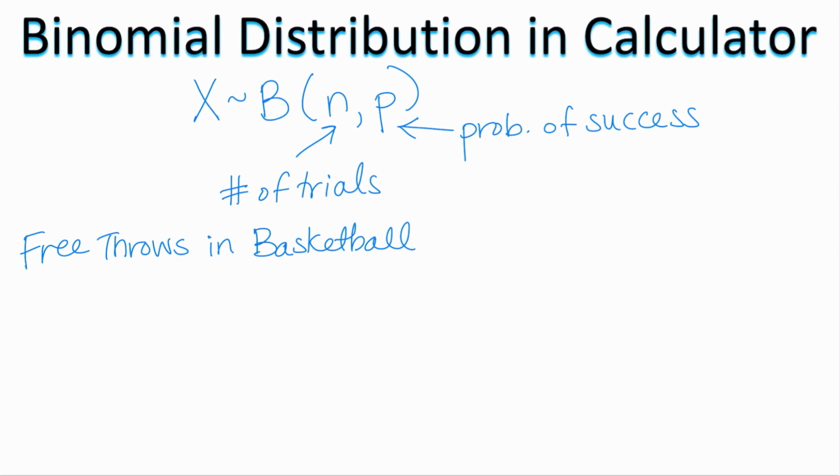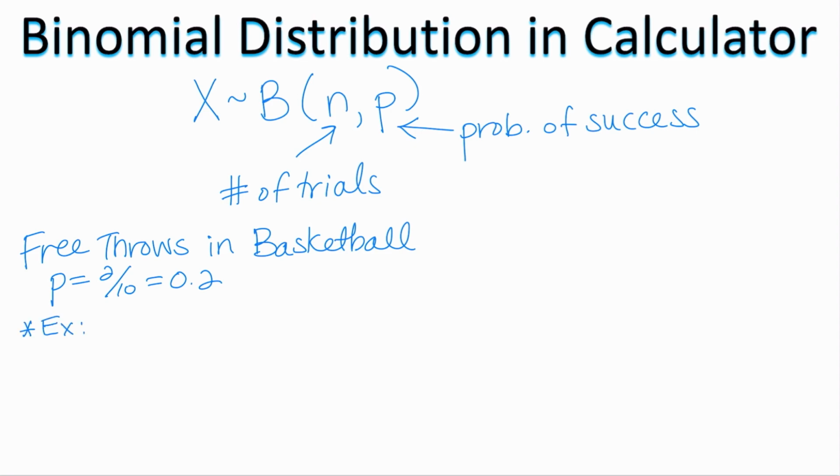So my probability of success is going to be 2 over 10 or just 0.2, because for every 10 baskets, I'm only making 2 of them. So that's my probability of success. I'm not a big basketball player, so obviously it's not as good as somebody else who's playing basketball. Theirs could be higher, 5 out of 10, 7 out of 10. But right now we're going to work with this example where the probability of success that I actually make a free throw is going to be 2 out of 10.